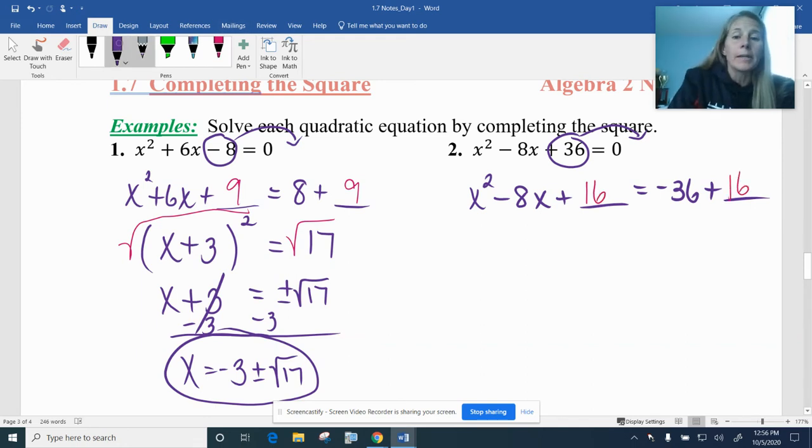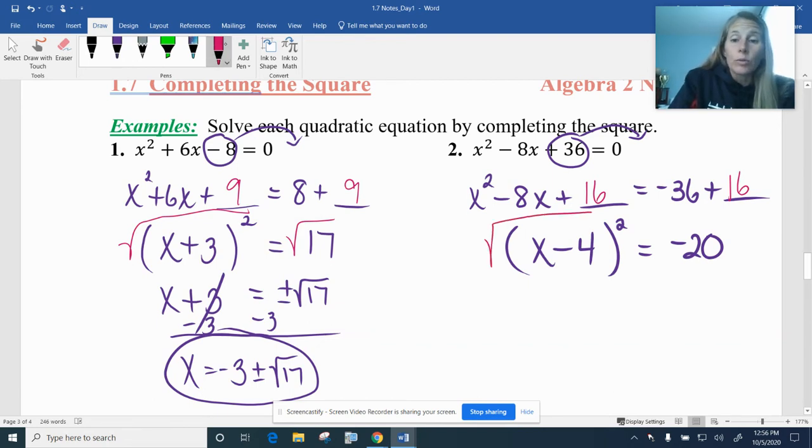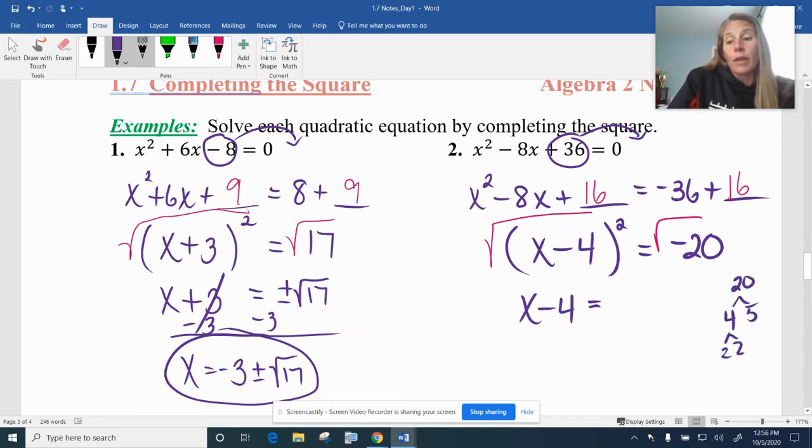Now, in my square of a binomial, when I factor this perfect square trinomial, I'm going to have x minus half of 8, which is 4. And then over here, I'm going to combine those like terms to get negative 20. Okay, now this is one of those situations where when I go to square root it, I have negative 20. Now you might remember how to factor the 20 or break it down using your little factor tree method.